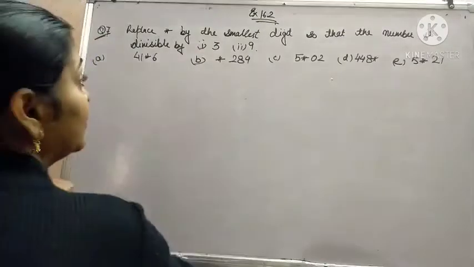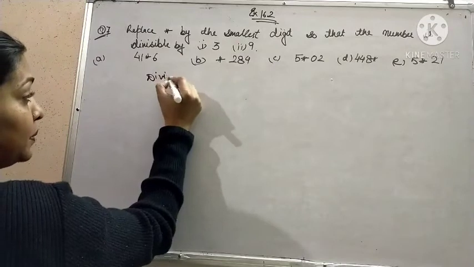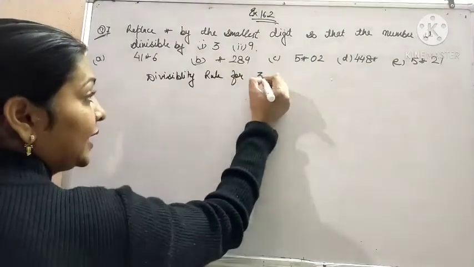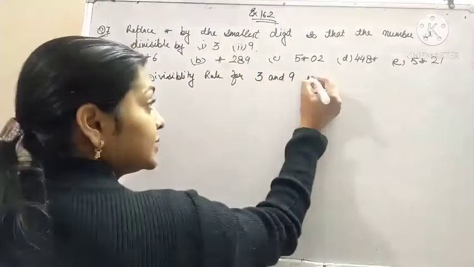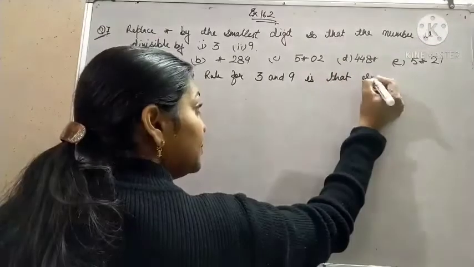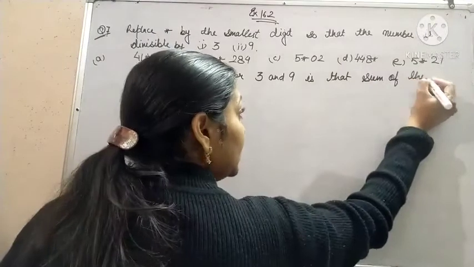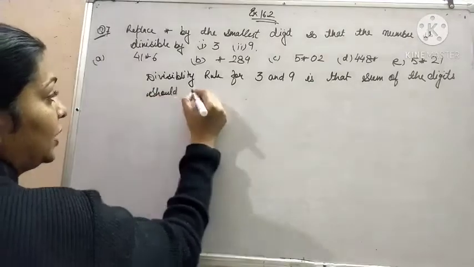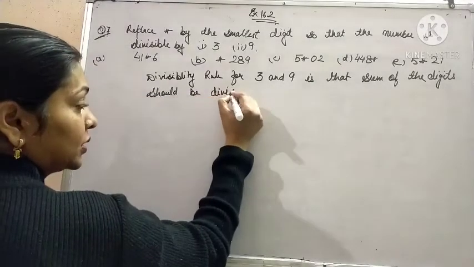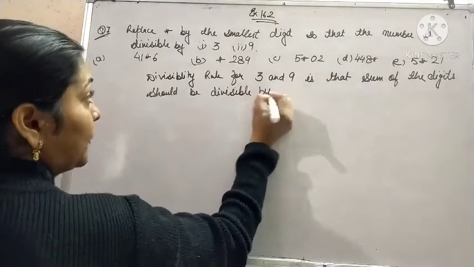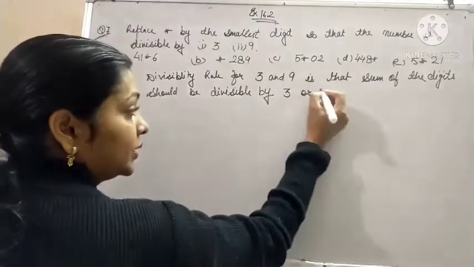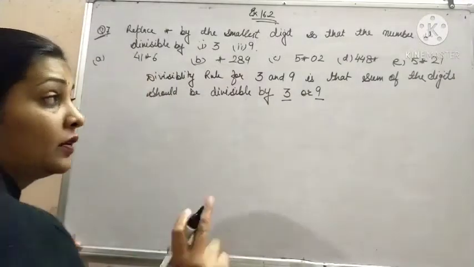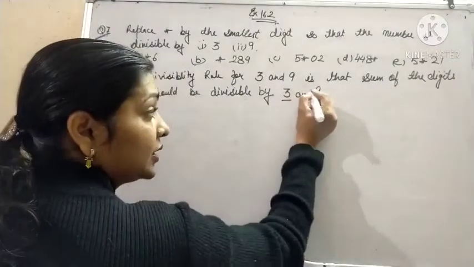You know that the divisibility rule for 3 and 9 is that the sum of the digits should be divisible by 3 or 9. 3 or 9 means that we will take that number only whose divisibility we are discussing.